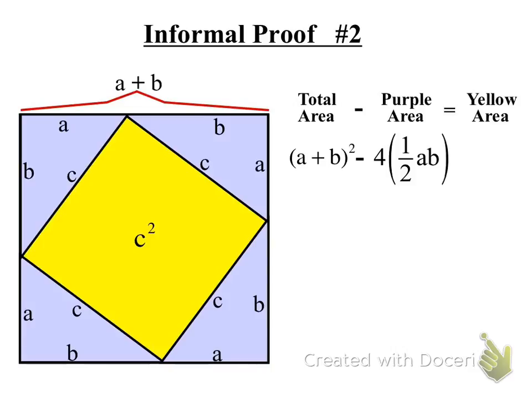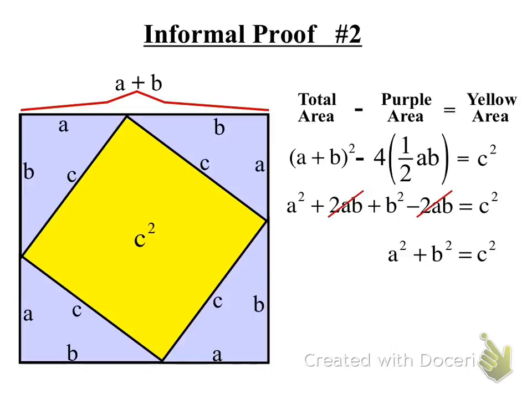And the yellow area we know is c squared. But if I multiply out a plus b squared, that's a perfect square trinomial. It equals a squared plus 2ab plus b squared. And then if I multiply this, I get minus 2ab. And we can see that the 2ab terms cancel out.